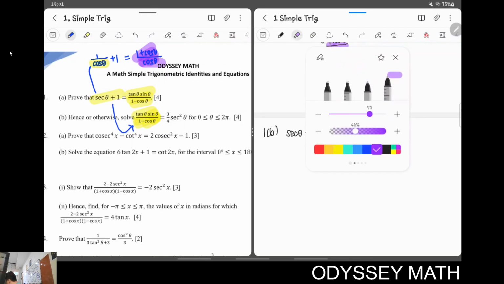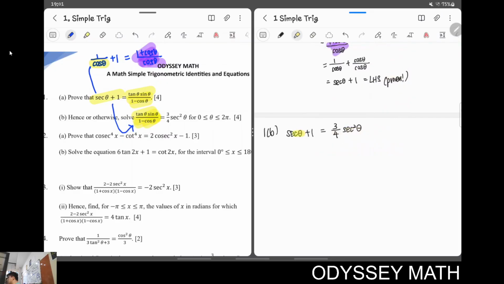And look up first. This is important. If you see a trigo expression repeating itself, like secant theta, and then the square of itself, secant theta whole thing square, then remember, this is solving trigo equations in quadratic form.